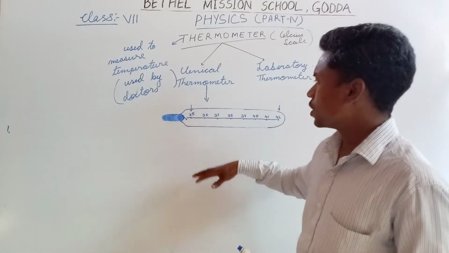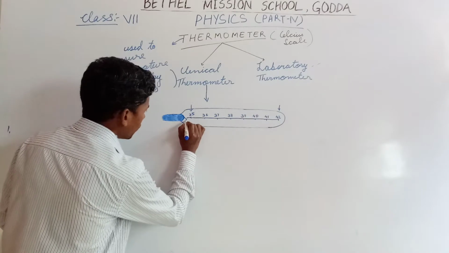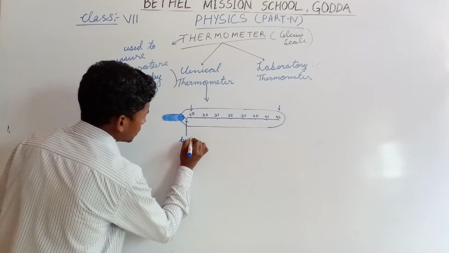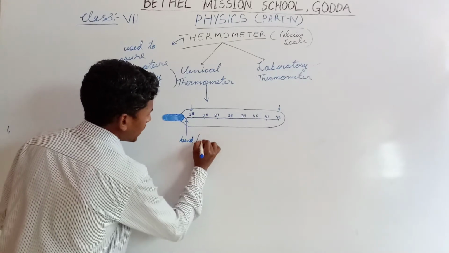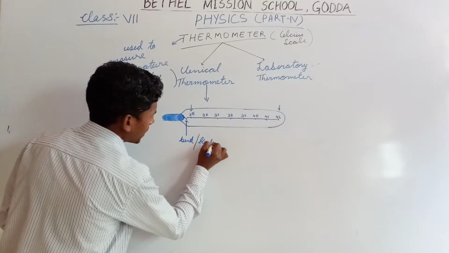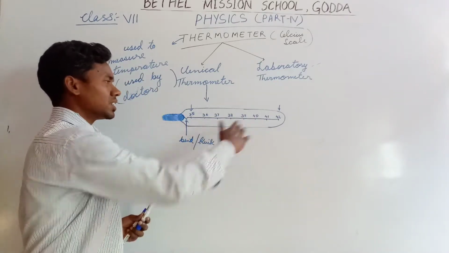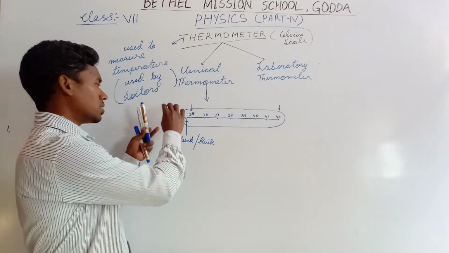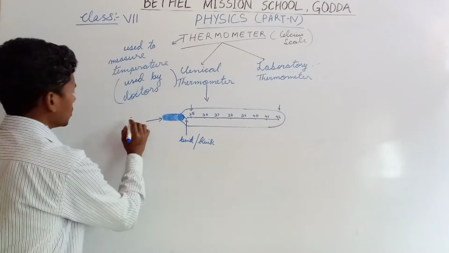Now one more thing that you see in this thermometer is this bend. We also call it a kink, K-I-N-K. What is this bend or kink in this thermometer? This portion is called the bulb, I did not mention.